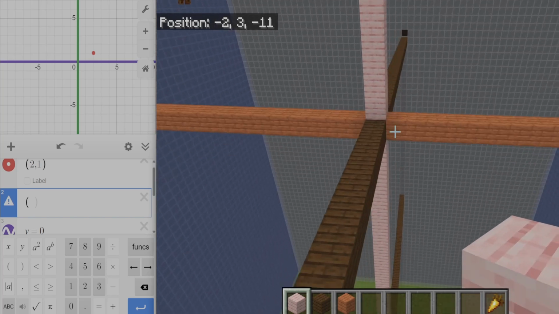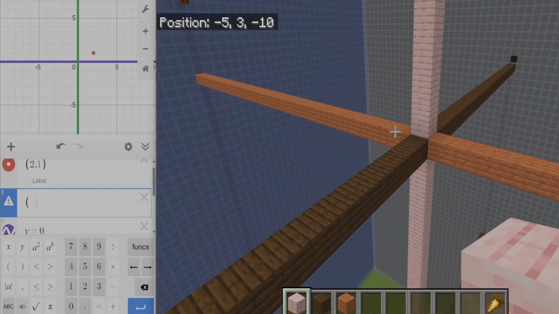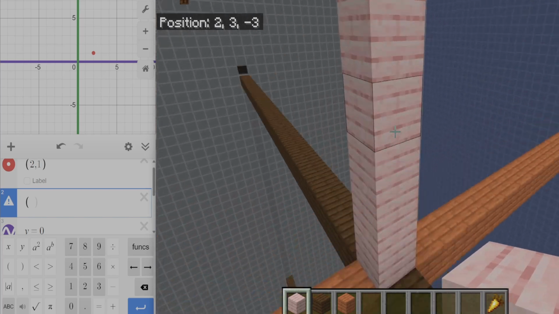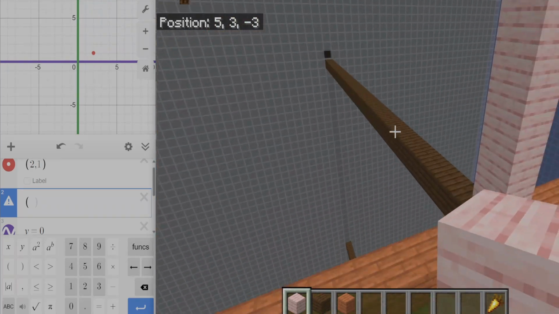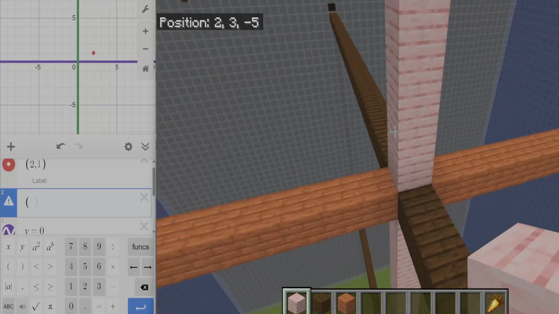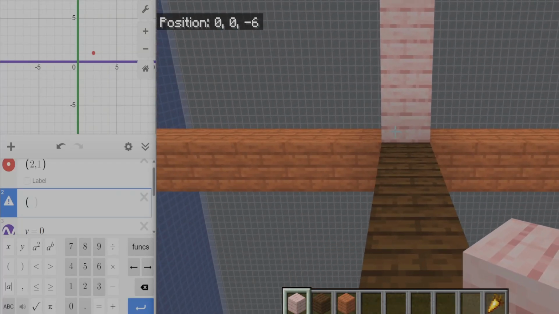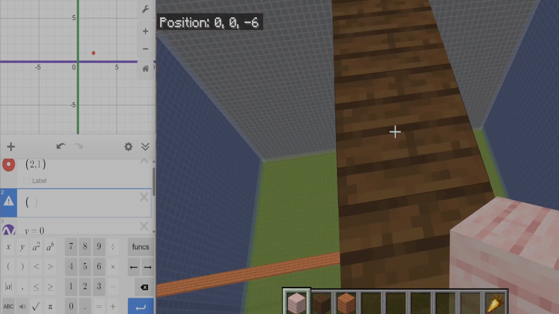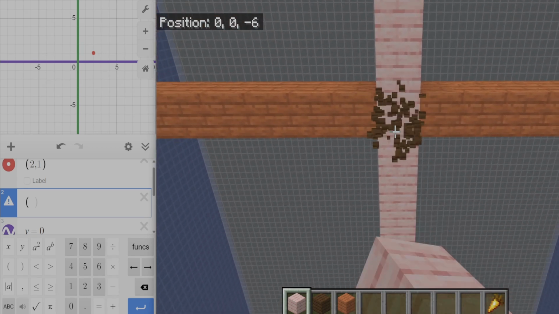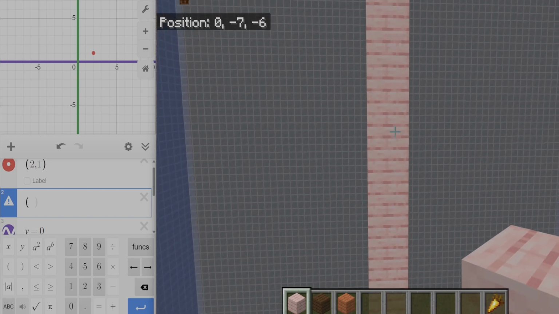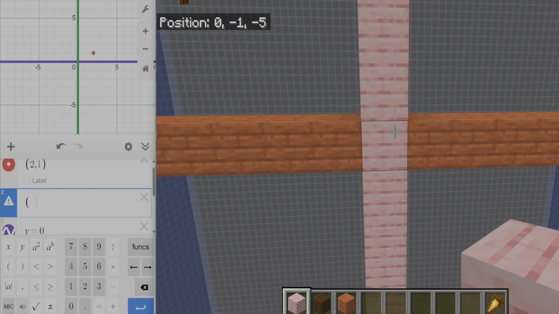We have the x going this way, the y going up and down, and then the z going forward and backward. So the calculator on the left side of the screen is fixated. Let me remove some of these. It's looking straight on like this, okay?